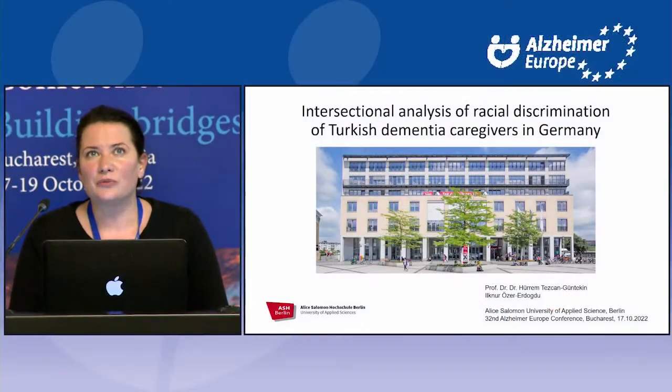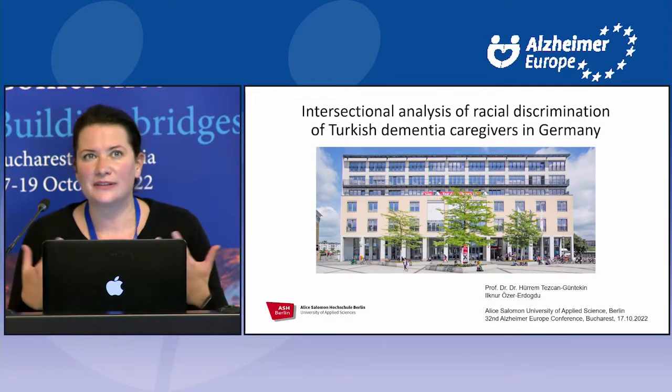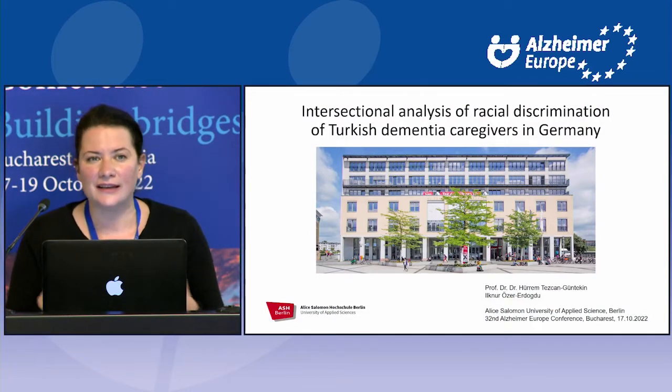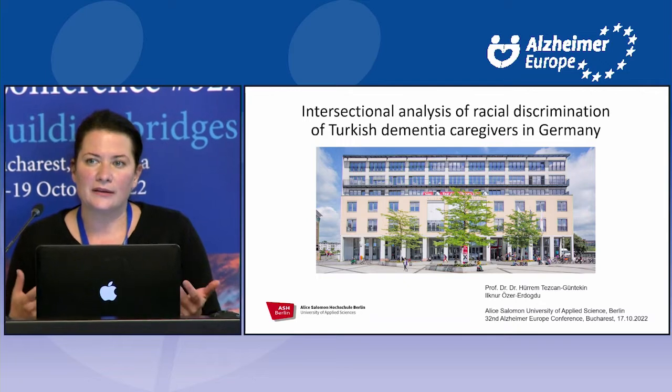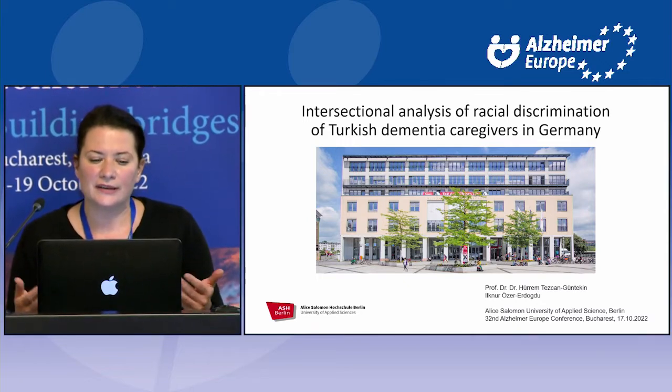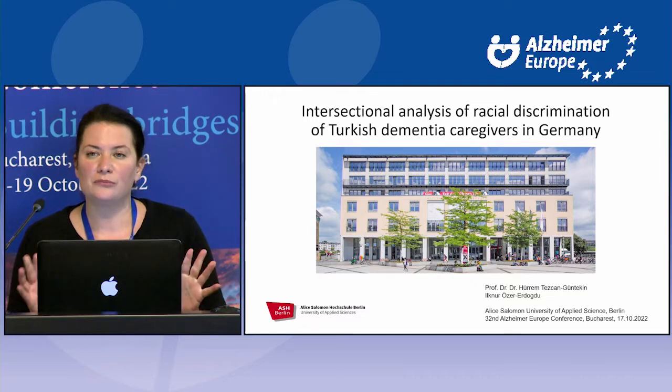Maybe a few sentences about why we put the lens of intersectionality on the primary data analysis. The first step we made during conducting this research was only with the focus on migration.